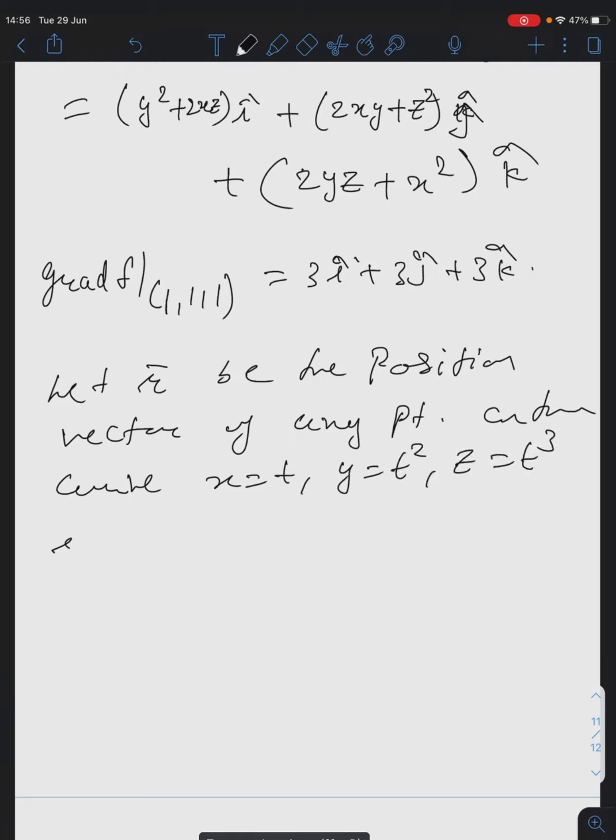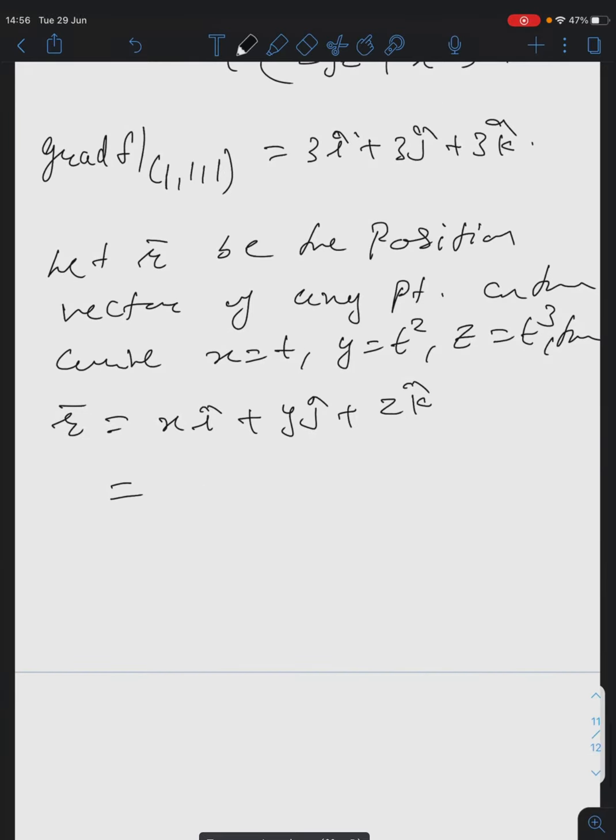The position vector r bar is given by x i cap plus y j cap plus z k cap. Now in terms of t, this will be t i cap plus t square j cap plus t cube k cap.